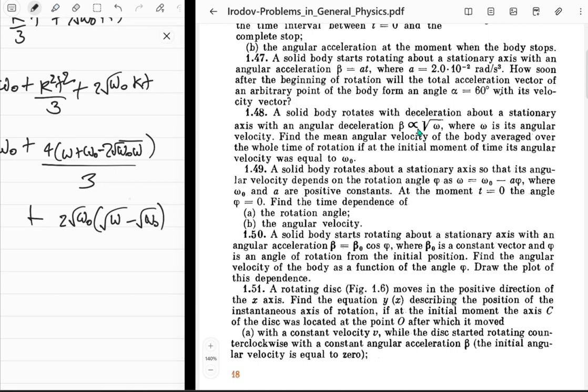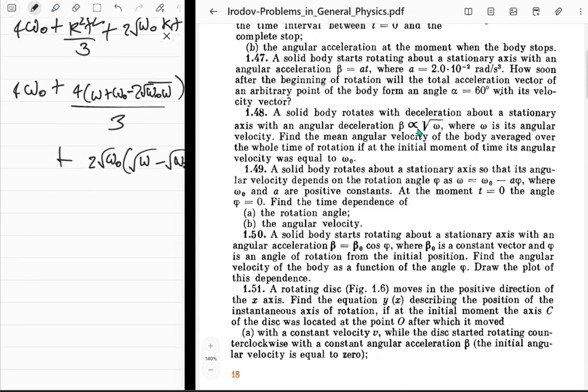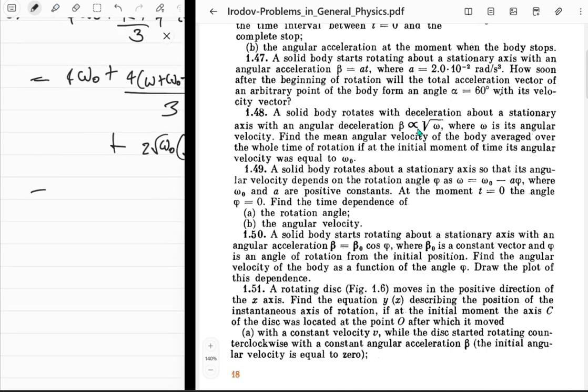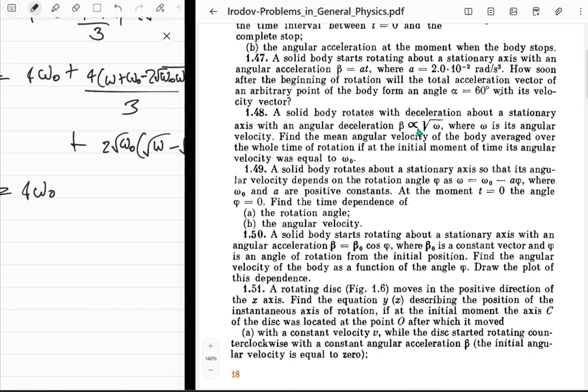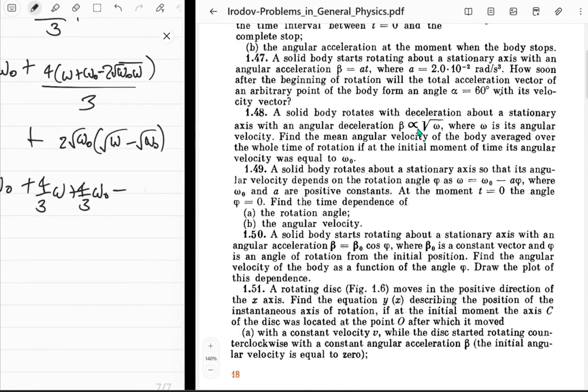Let's see, something cancels out? I don't think so. So you've got square root of omega naught times omega, and you've got this thing over there. Let's do it. 4 omega naught plus 4/3 omega plus 4/3 omega naught. Over here you've got minus 2 omega naught, and then minus 8/3 square root of omega naught omega, and plus 2 square root of omega naught omega. So minus 8/3 plus 2 is minus 2/3, right?